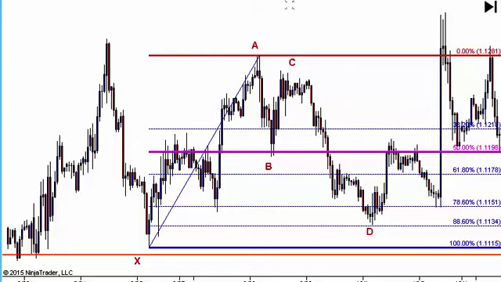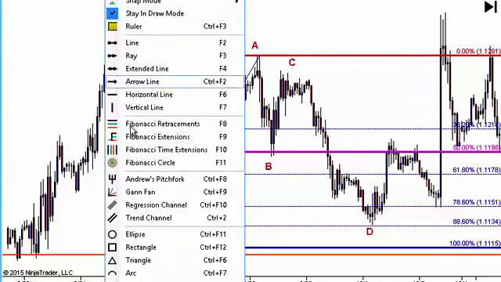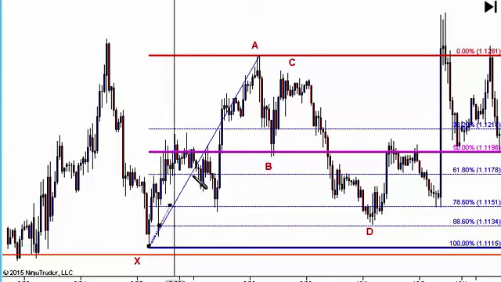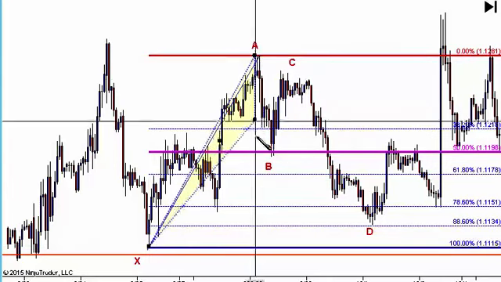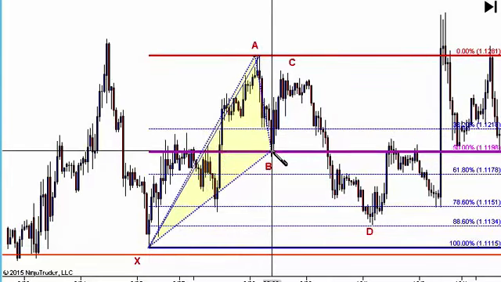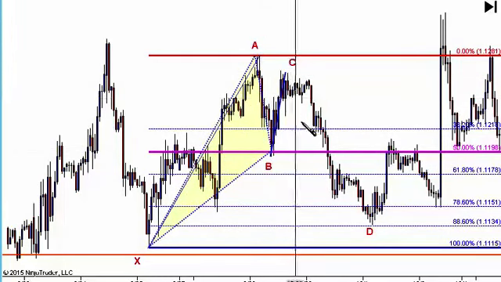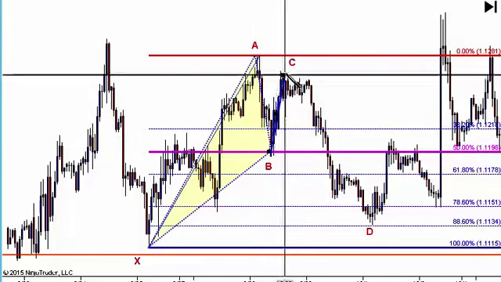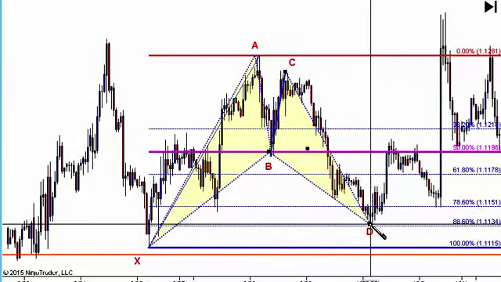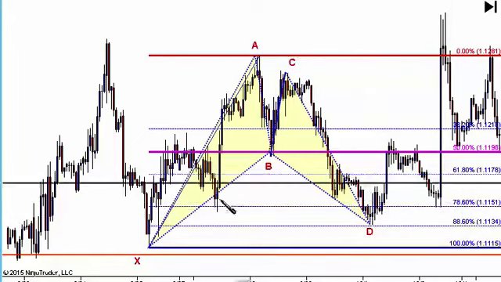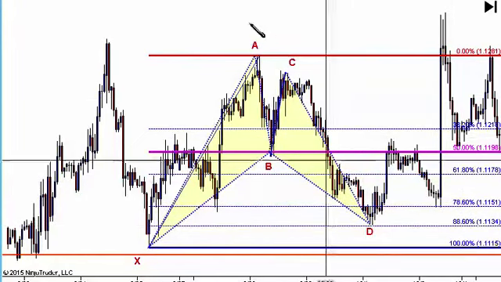Okay. So you would take your low to high and your first retracement of the 38 to 50%. Then you take your rally, and then you would look at the market right at the zone where you would look to buy the market. This is considered a bat pattern.